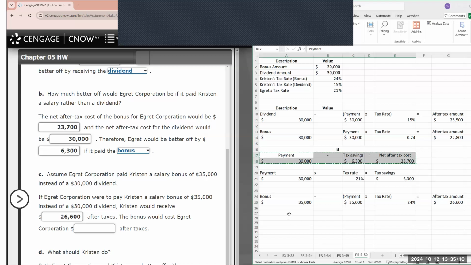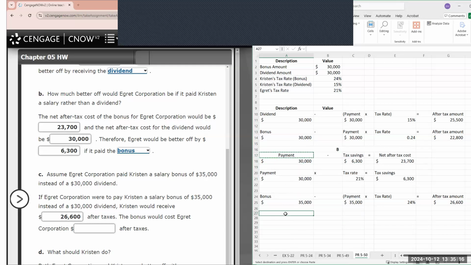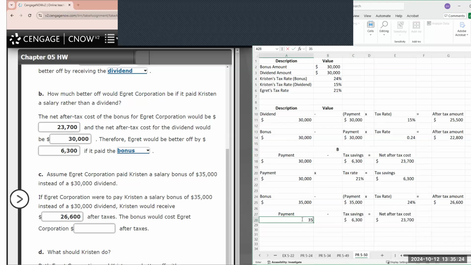So in order to determine, we do the following. Oh, sorry about that. All right, so it'll be as follows. $35,000 payment multiplied by 21%.